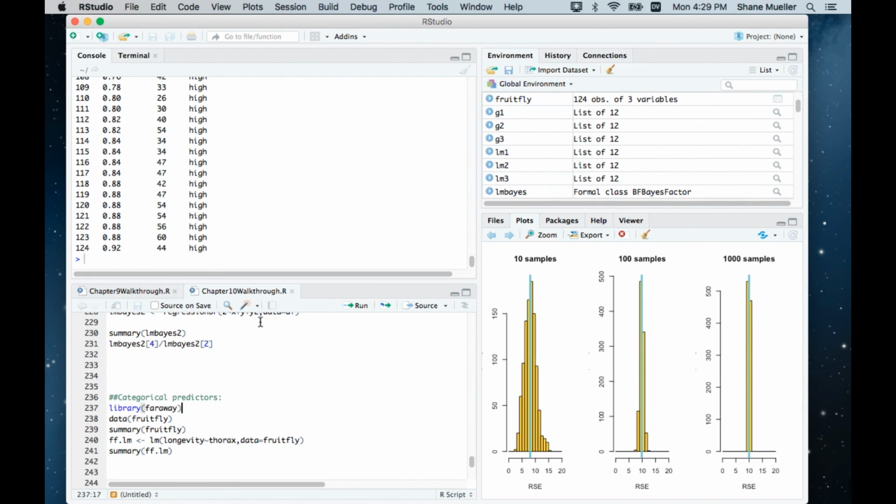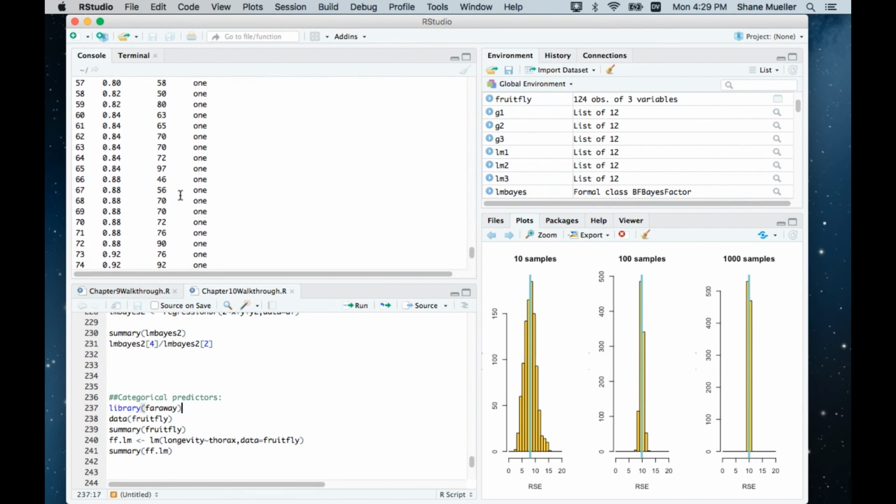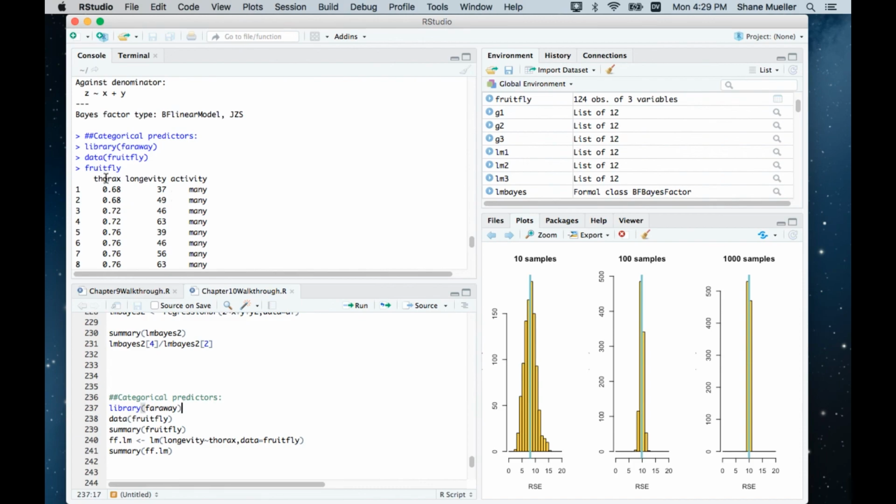And so we could ask, is thorax related to longevity? And that's easy to do. We do a linear model with longevity equal to thorax, and because these are in a data frame, I can give it the data frame name and then just refer to the column names or the variable names within that.